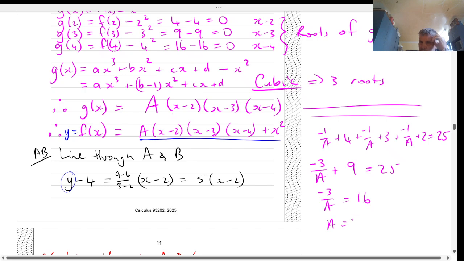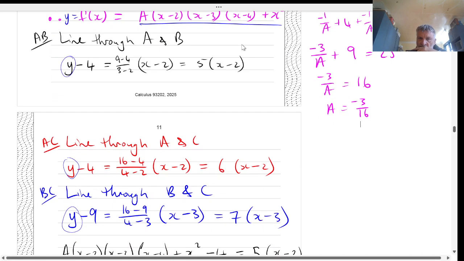A equals minus 3 over 16. So that tells us our f of x is minus 3 over 16 times (x − 2)(x − 3)(x − 4) plus x squared. And we want to find the value when x is equal to 0.